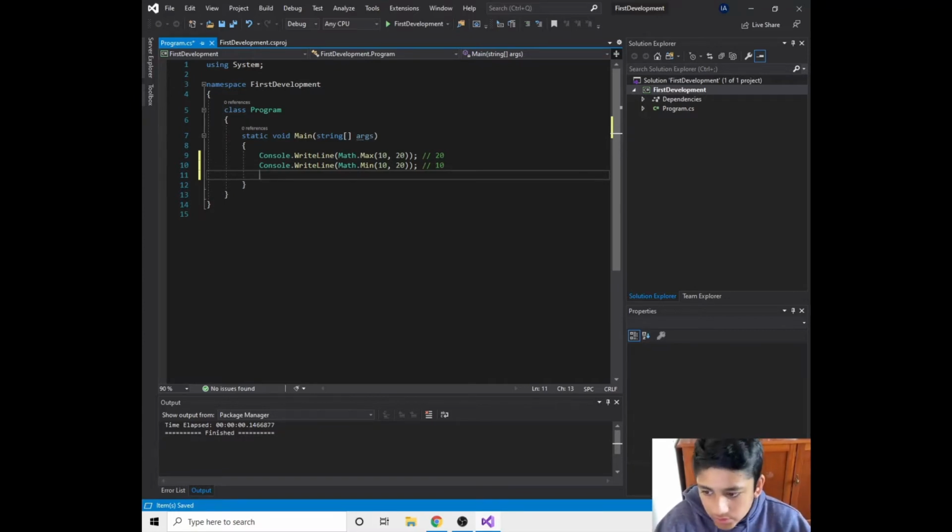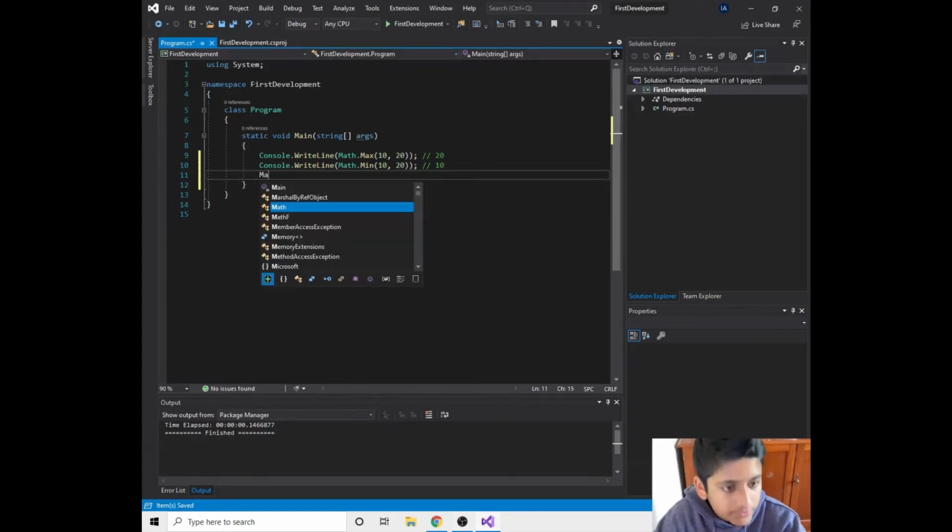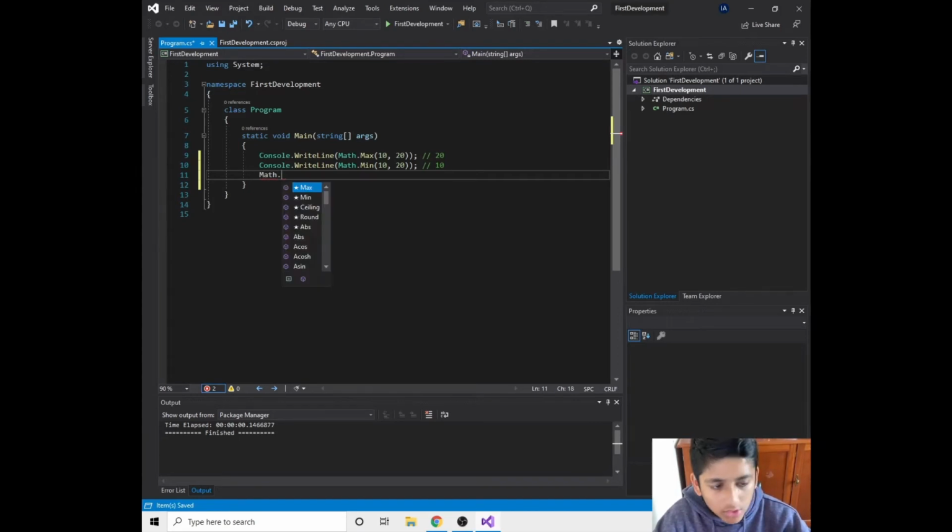We could go through Math.Sqrt. If you want to do that, we could do Math dot Sqrt, which is square root, and then let's do the square root of 16.